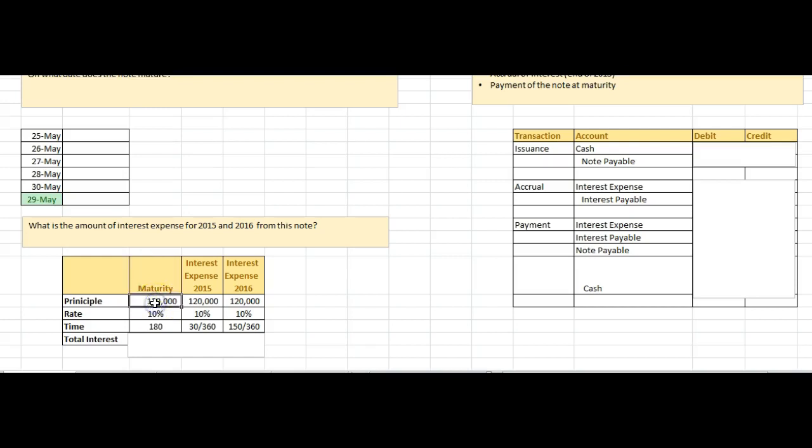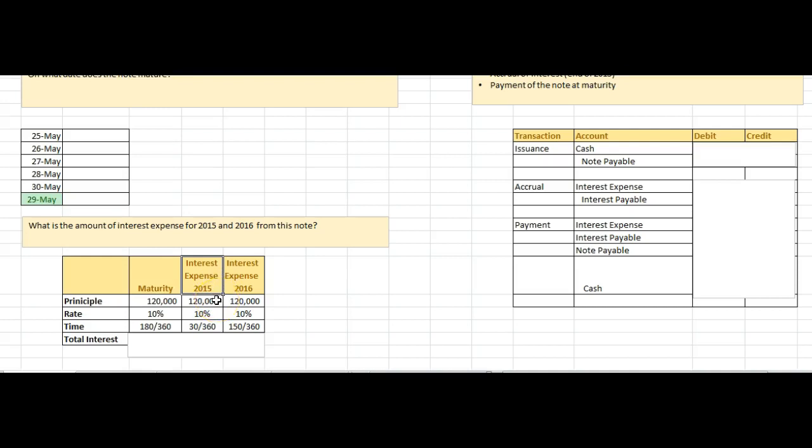So that's $120,000 times 10% for 180 days, and that would be divided by 360, right? So that's going to give you your full amount. Then you're going to calculate it for just 1 month, because it's from December 1st to the end of December.